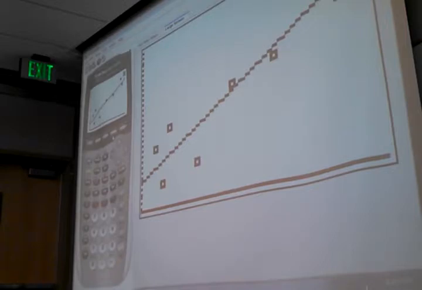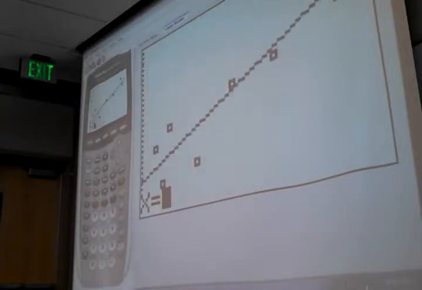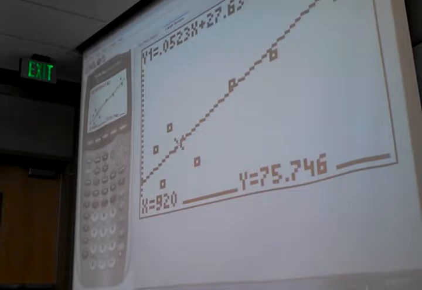It's second trace, and you can do all this weird kind of stuff, but I want to do the first one, value. I want to know if the chirps was 920, what would the temperature be there? The temperature would be almost 76, according to this equation that we found.